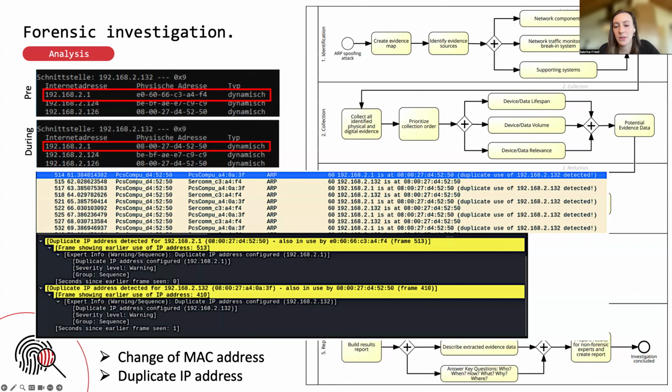We also know the IP address and the MAC address of the router. The other MAC address that is present in both headers can now be assigned to the unknown IP address. This is the unknown device in the evidence map during the identification phase. This evidence further indicates that ARP spoofing was performed.